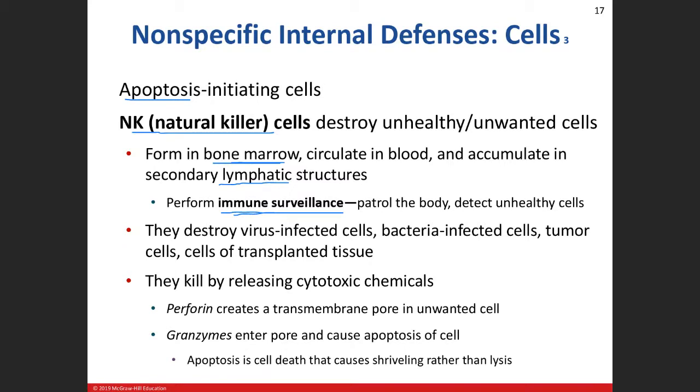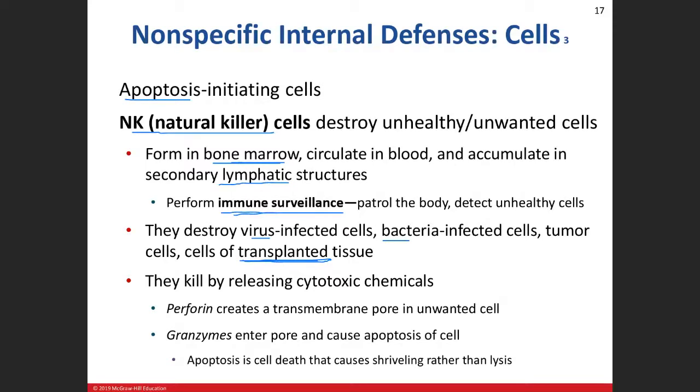So what do they hate? They hate virus, bacteria, infected cells, cancerous or tumor-infected cells, or, unfortunately, transplanted tissue. It's great for the other ones, not so much for transplanted tissue. But again, transplanted tissue is not your tissue. It didn't come from you. It's what's considered non-self or foreign.